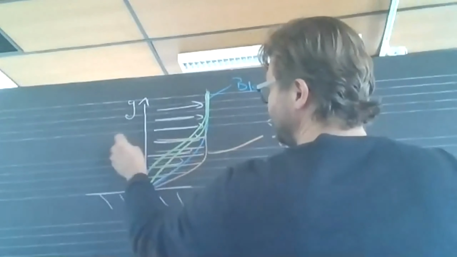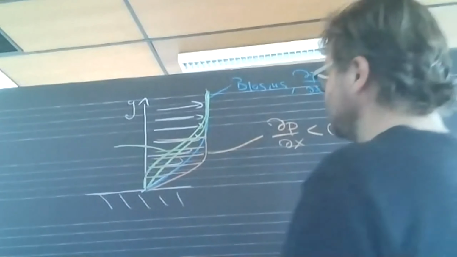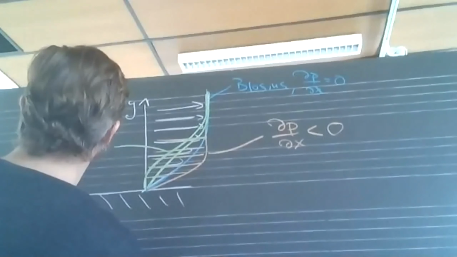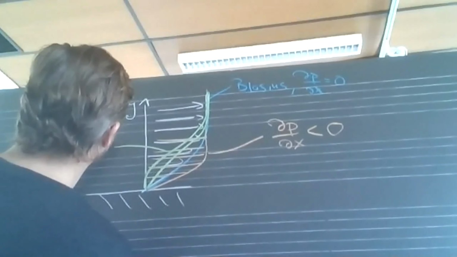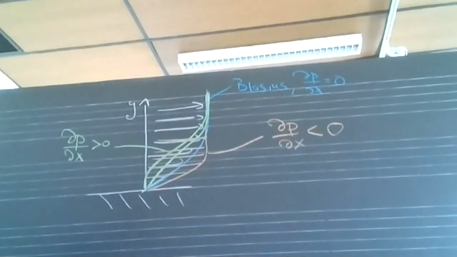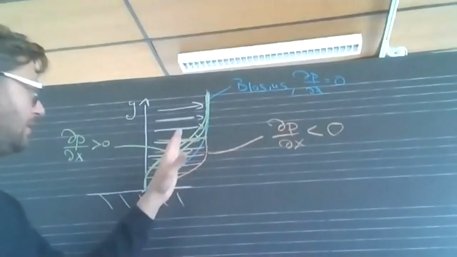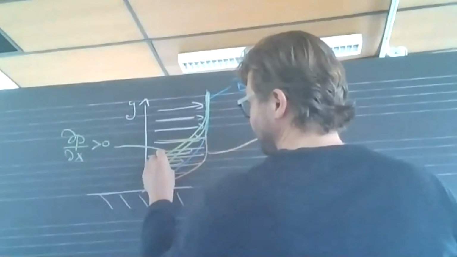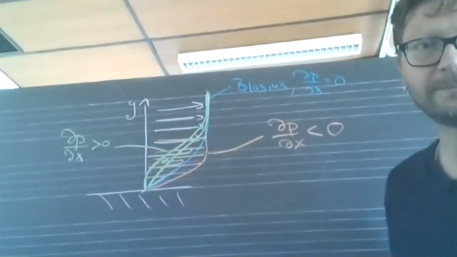So these here are Falkner-Skan boundary layers for increasing pressures or positive pressure gradients. You can think of that as the flow in the boundary layer is decelerating.